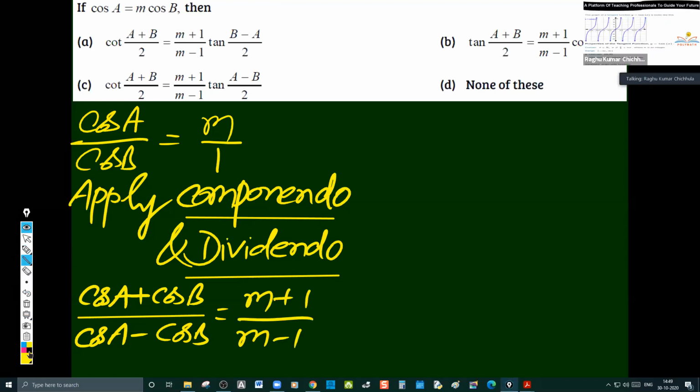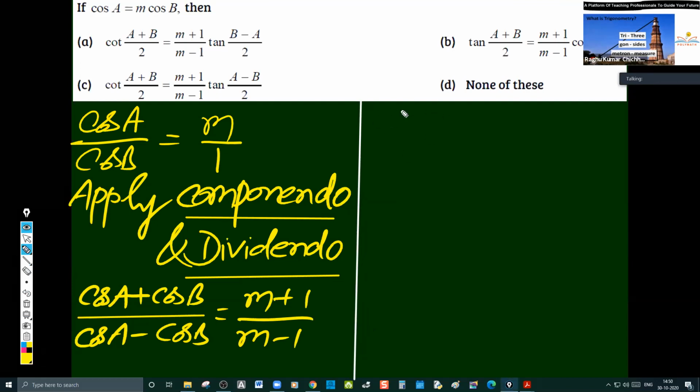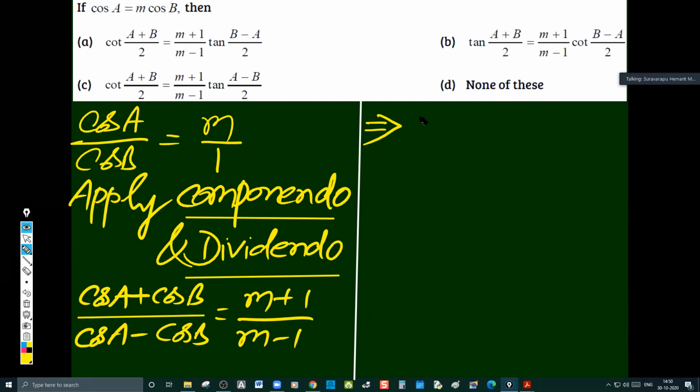Come on, tell me the formula for cos A plus cos B transformations, Maurya. Cos A plus cos B formula. That is cos C plus cos D. Yes, sir. So that's 2 cos A plus B by 2 cos A minus B by 2.